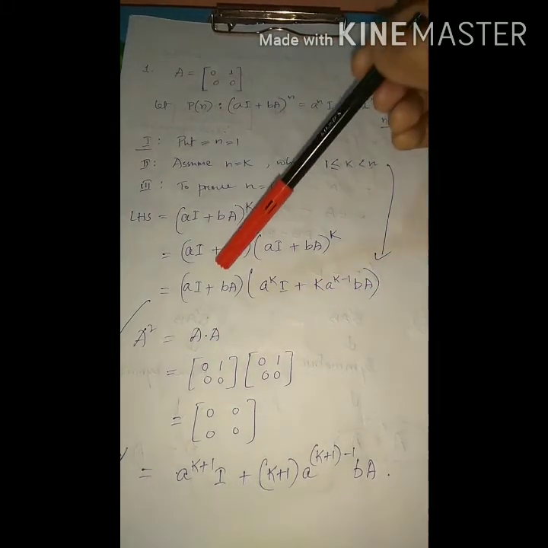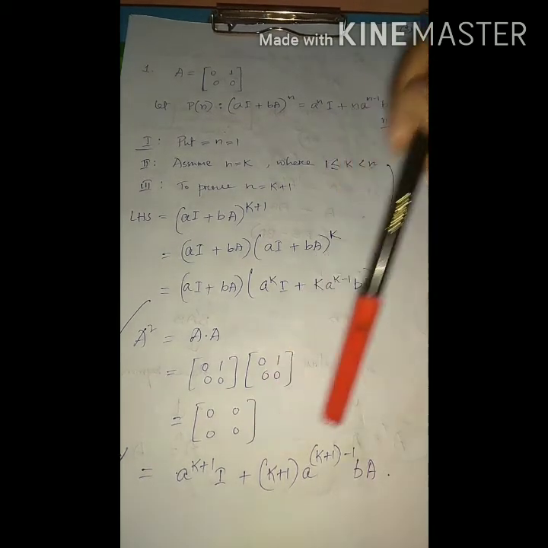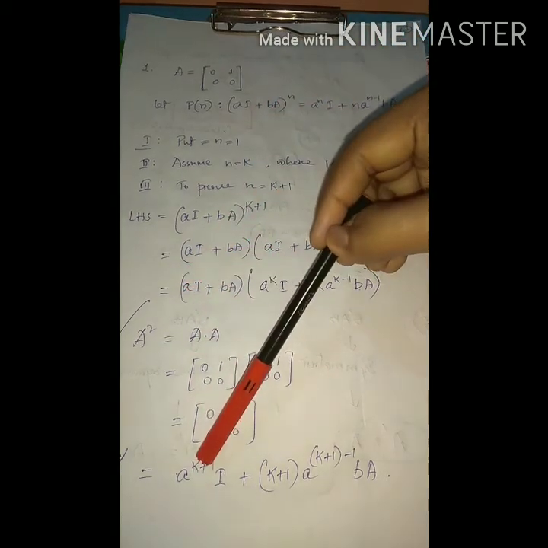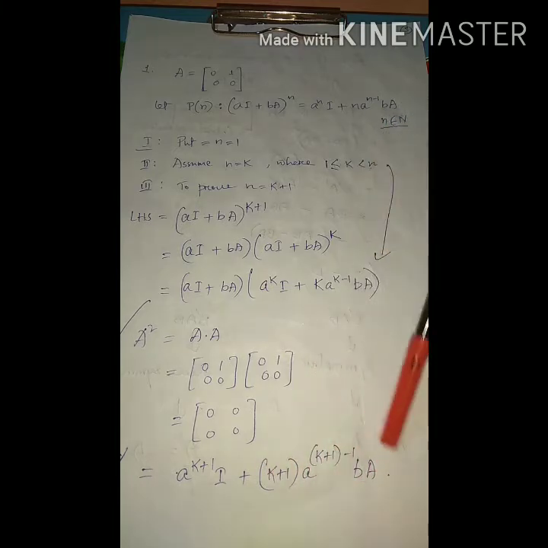So when we multiply bA with this result, we get the 0 matrix. That means only 3 terms remain. The first term we write as it is, and the other two if you take common, you get this type of result. This result is the same as the nth term result.